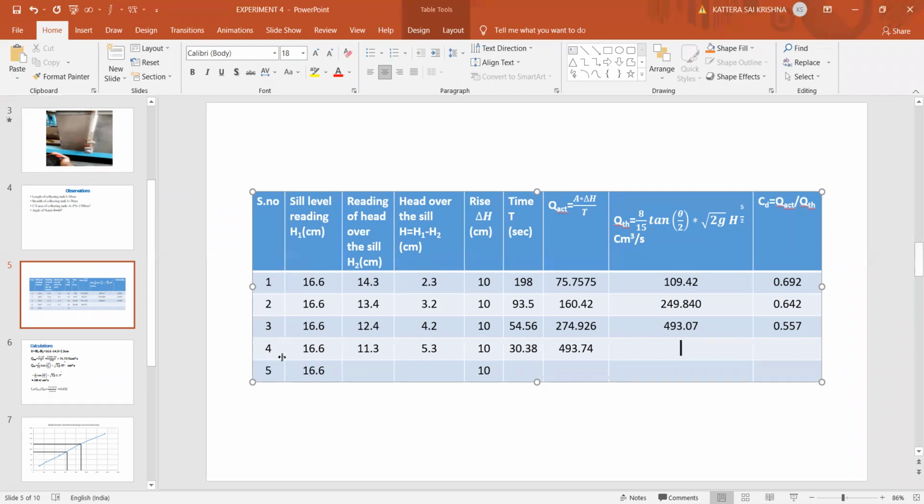309, Sangeeta, lateral entry 309. Whether you are here or not? No. Okay. Harshavardhan, 327, lateral entry.